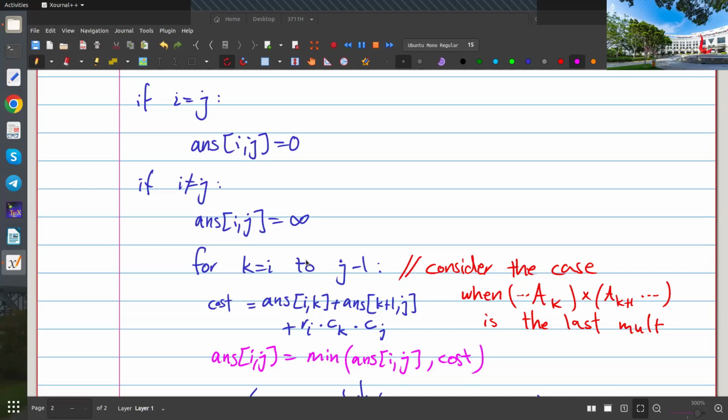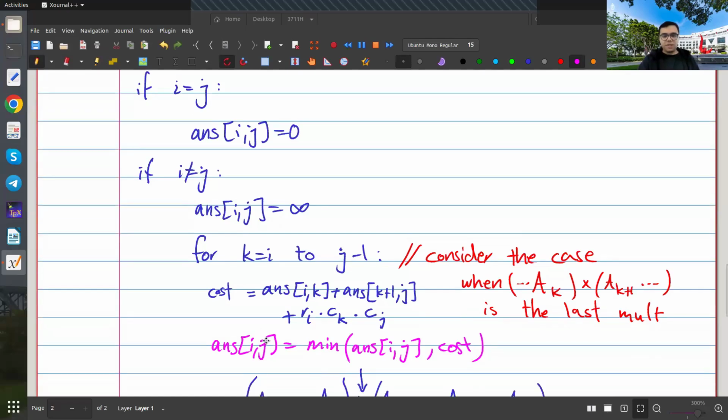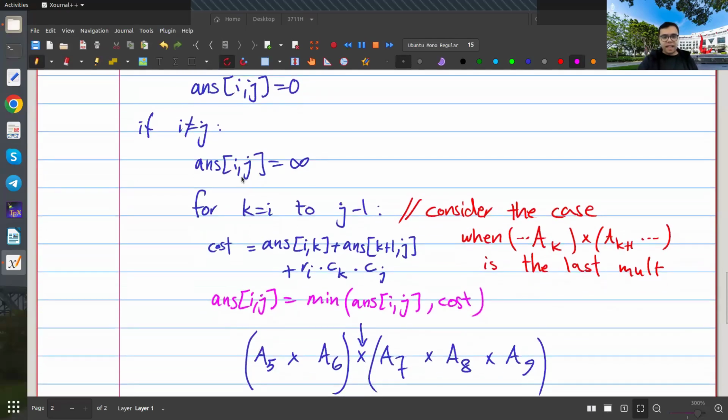So it's very similar to the previous case. We have to sort these based on the lengths, based on j minus i, right? And if we sort them in that order, then whenever I want to find ans ij, I already have all of the answers that I need from the smaller subproblems. So I'm literally using the size of the subproblem, the number of matrices in my subproblem, as the ordering for how I'm going to compute these things.